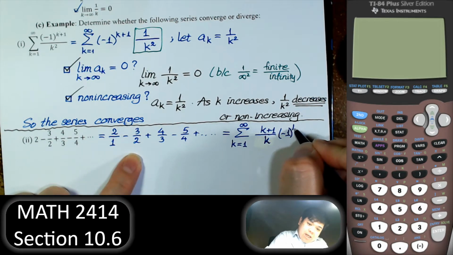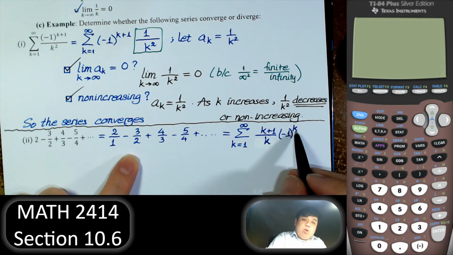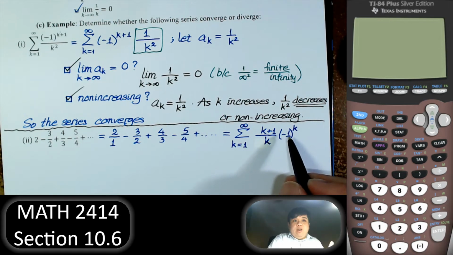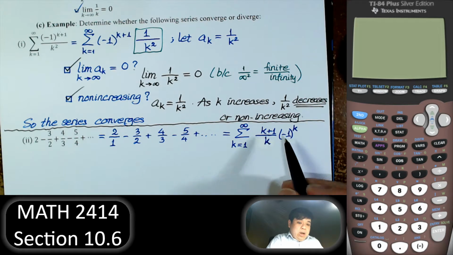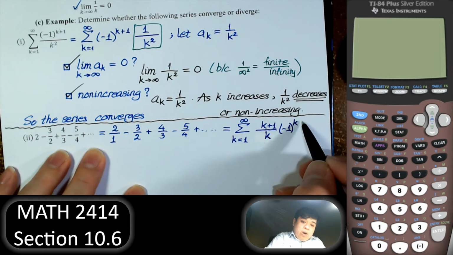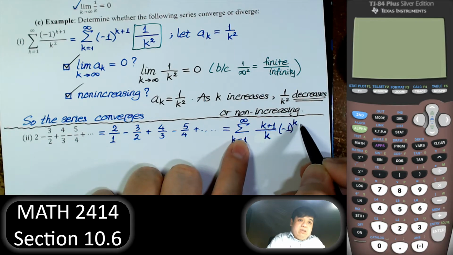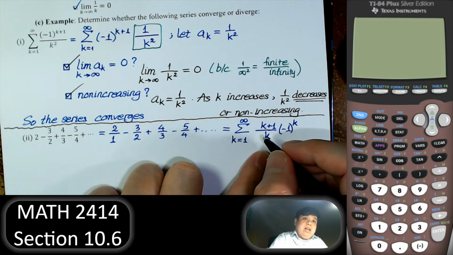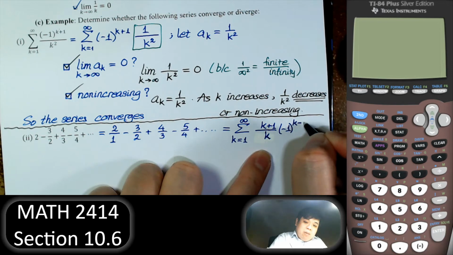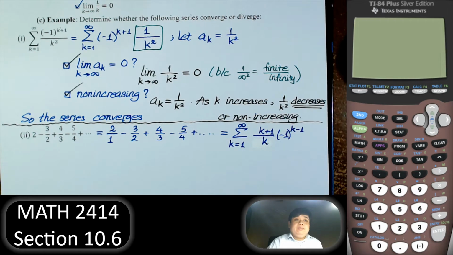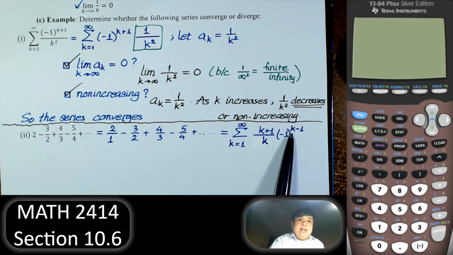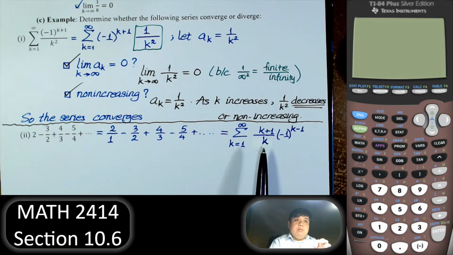If I put k here, when I put 1 in here, -1 to the first power is negative, so it doesn't work. To ensure that the first term, when k equals 1, is positive, we have to make the power even. So I could do like I did earlier, plus 1, or just say k minus 1. When we put 1 in here, it is an even number, so the first term is positive. Right, so that's what we have.